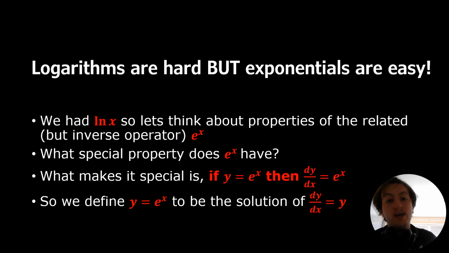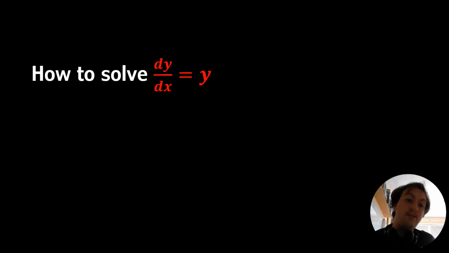So keep in mind the fact that the solution is y is equal to e to the x, but now we're going to try to solve dy by dx is equal to y without knowing what the solution is beforehand. So how do we solve dy by dx is equal to y, assuming we don't know what the solution is?